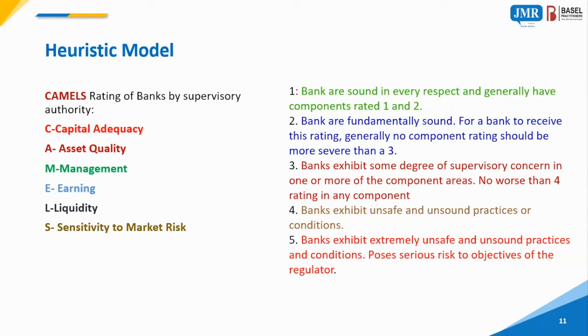So this is a heuristic model. The entire model is based on these CAMELS components. Capital adequacy is level 1. This capital adequacy will have sub-level, level 2 parameters. For example, what could be level 2 is the percentage of tier 1 capital in the total capital adequacy, which is the regulatory capital the bank is holding.